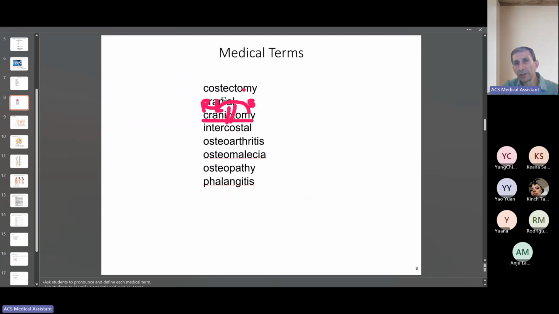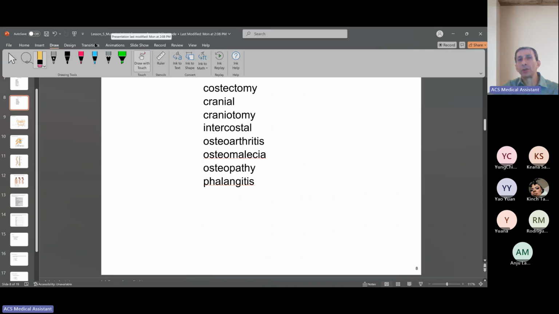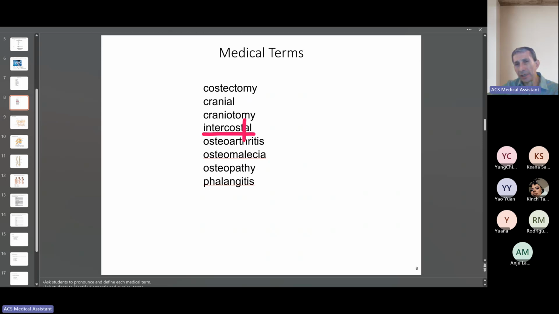Then we have intercostal. If you remember, for those who took EKG, certain electrodes are placed in between the ribs. So that's called intercostal. Al, pertaining to, is the suffix. Cost is the word root. Inter is the prefix. Inter means in between, cost means ribs. Pertaining to in between the ribs.